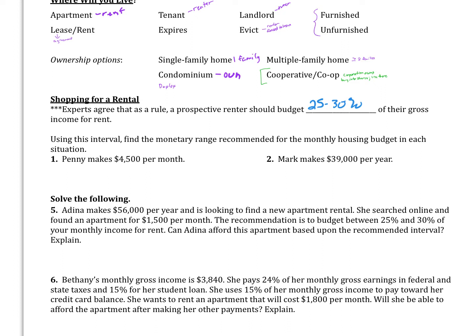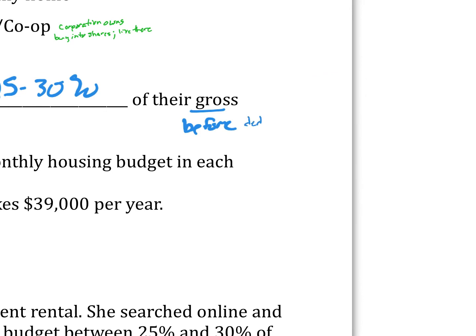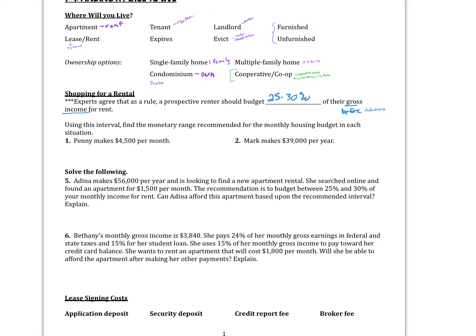So that means before any deductions, right? Because there are a lot of other things that take up our money. If you're spending 50% on your rent, then you're going to run out of money, right?